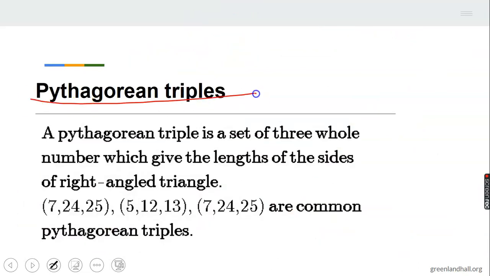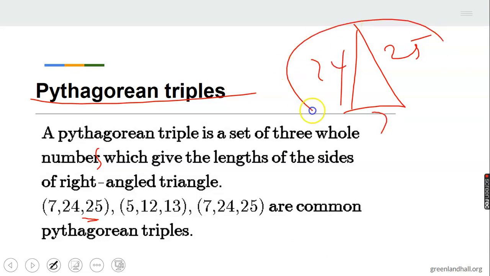Now, Pythagoras triple. A Pythagoras triple is a set of 3 whole numbers which give the lengths of the sides of a right-angled triangle. Look at this. You can draw. That means this place is the longest side, which is 25. This side can be this, and here you have used those sets of numbers to form a right-angled triangle.